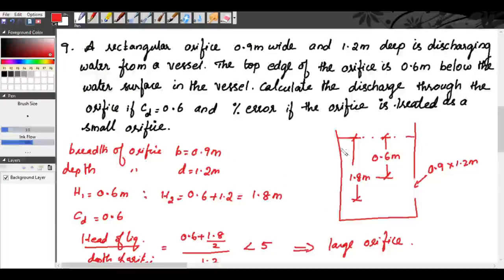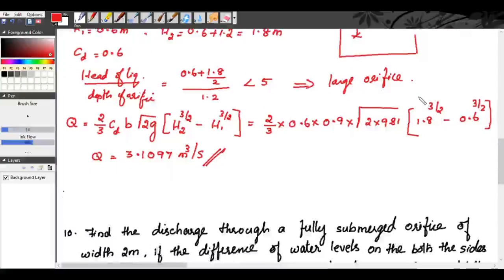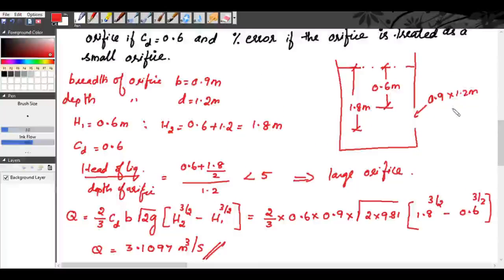Now find the percentage error if the orifice is treated as a small orifice. If the orifice is treated as a small orifice, we know the discharge is CD into area of the orifice into root of 2gH. CD is given as 0.6 into the area of the orifice. This is a rectangular orifice, so the area of the orifice is 0.9 into 1.2.